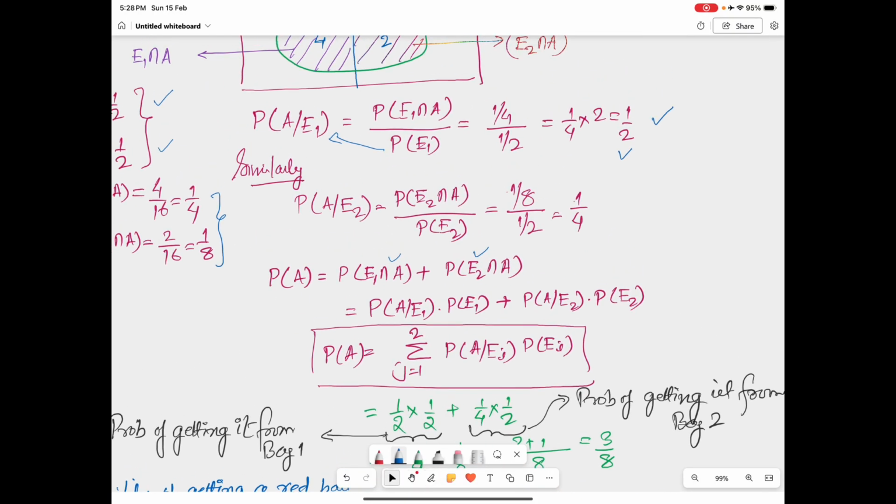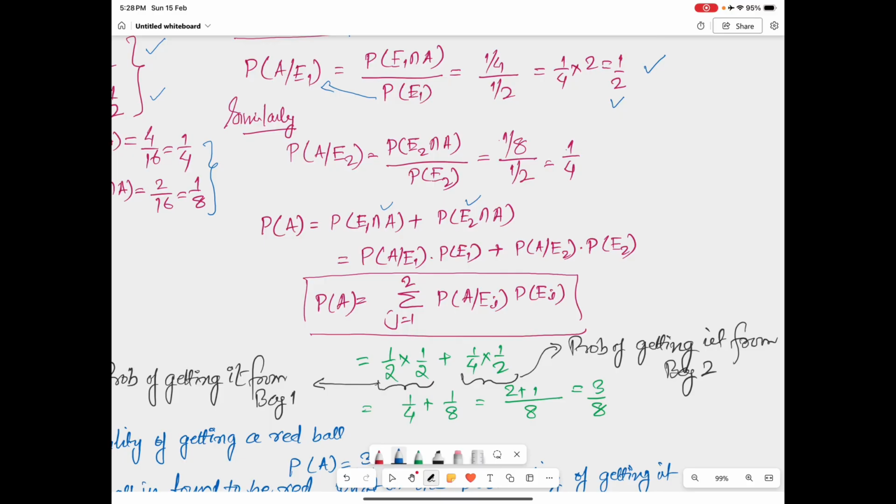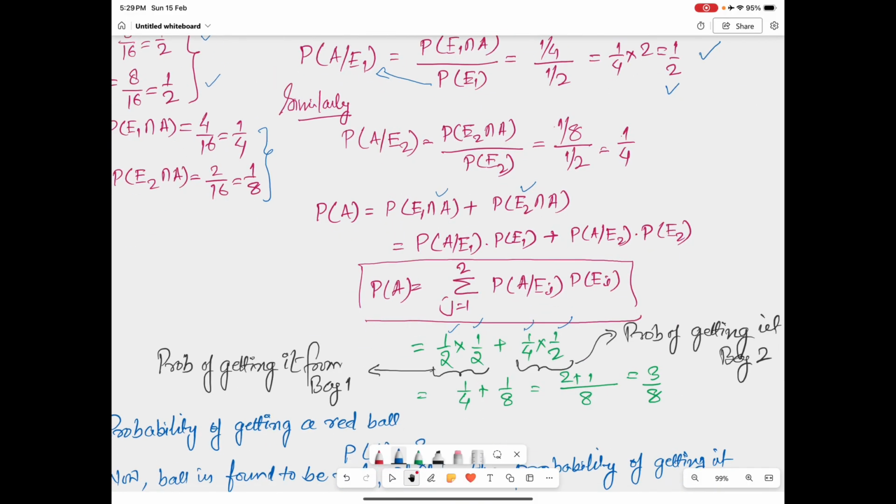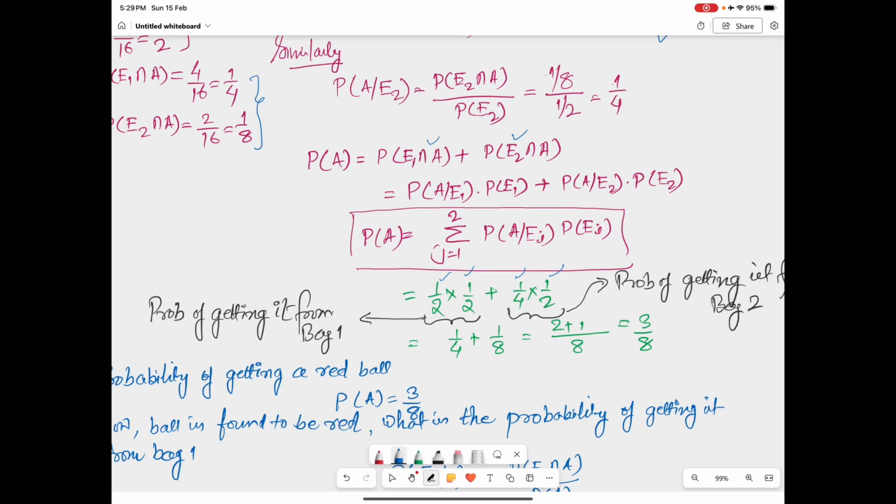The probability of getting a red ball from bag 1 is 1/2, and the probability of selecting the bag itself is 1/2. Similarly, the probability of getting a red ball from the second bag is 1/4, and the probability of selecting the bag itself is 1/2. So all the probabilities are calculated, and solving this gives 3/8 as the probability of getting a red ball.